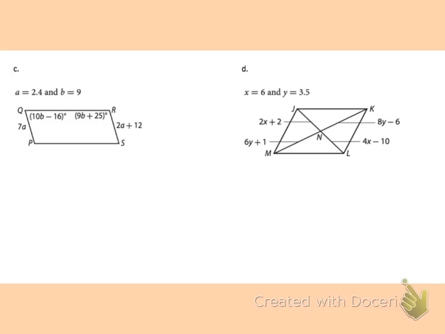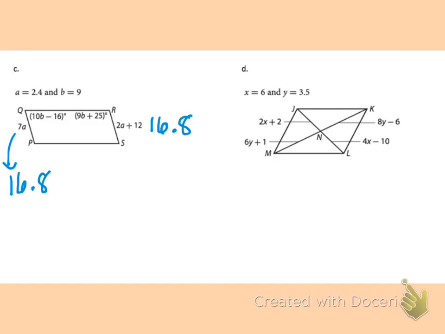So let's see, 2.4 times 7 is 16.8. So this side over here is 16.8. Now on the other side, that side is labeled as 2 times A plus 12. So 2 times 2.4, add 12 to it, I get 16.8.